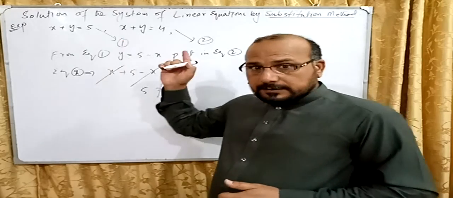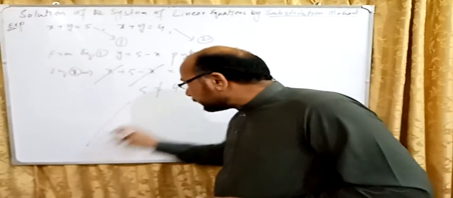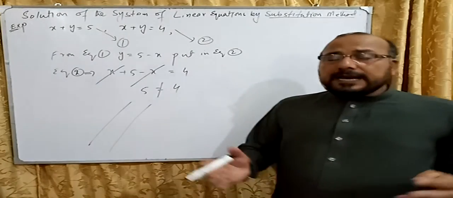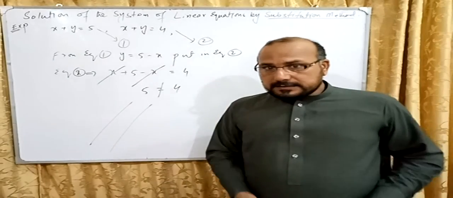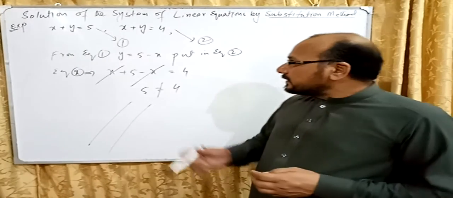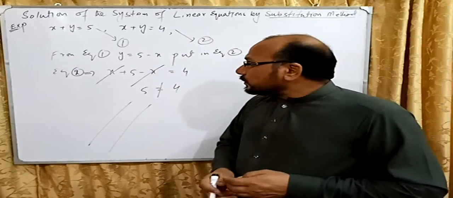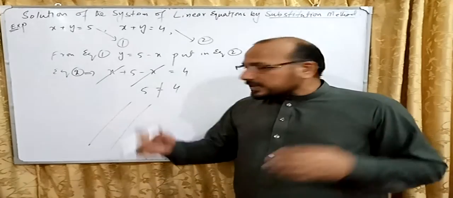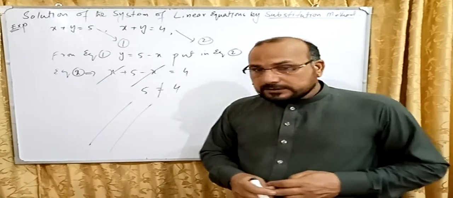If you draw the graph of these two equations, you will get two lines like this. If the lines are parallel, the equations are parallel, so we have no solution.